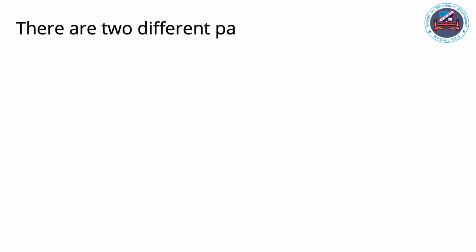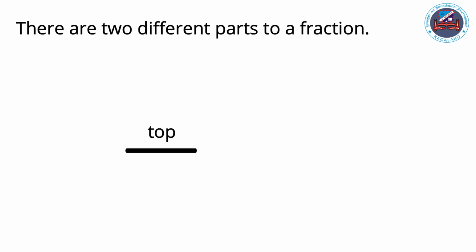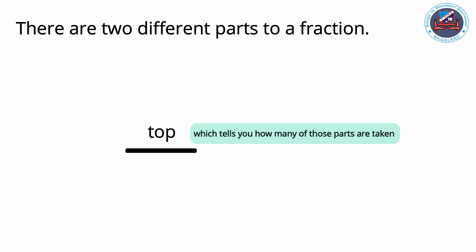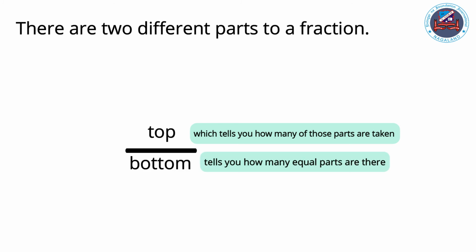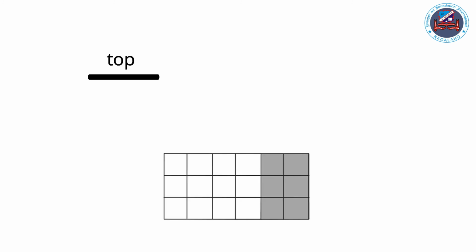There are 2 different parts to a fraction. You have a number on the top which tells you how many of those parts are taken, and the number on the bottom tells you how many equal parts there are. The number on the top will be for the number of squares shaded in this rectangle. We know that there are 6 squares shaded in this rectangle, so we write 6.